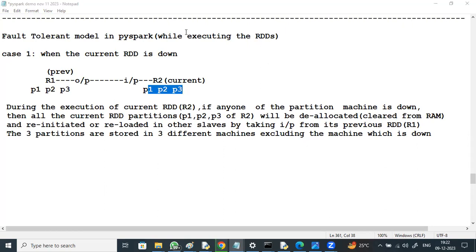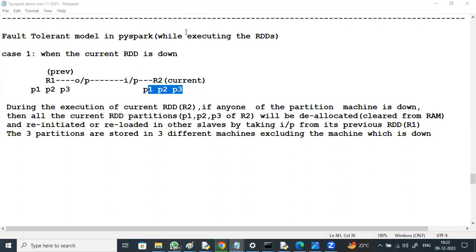Only P2 you cannot get from R1. Only a particular partition you cannot get. Total output you can get.